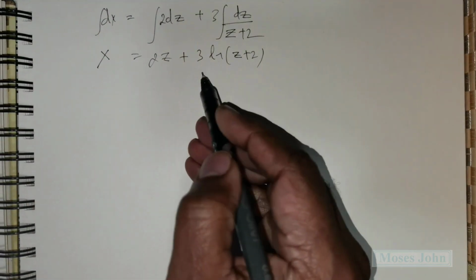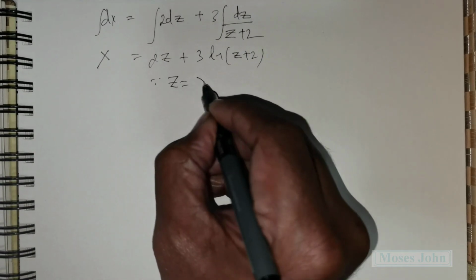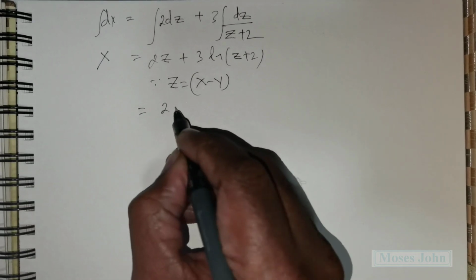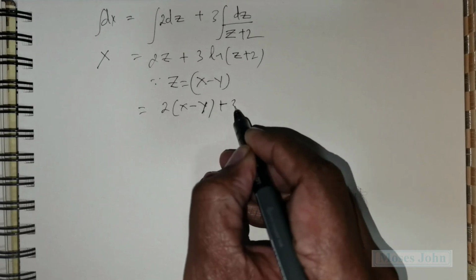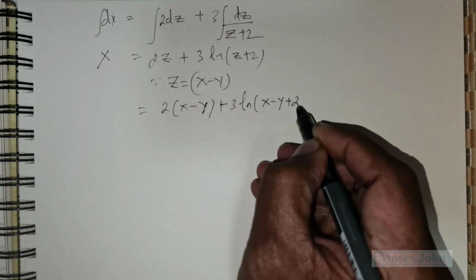We know that z is equal to x − y, so if I substitute that, it's going to be 2(x − y) + 3 ln(x − y + 2), and on the left you got an x.